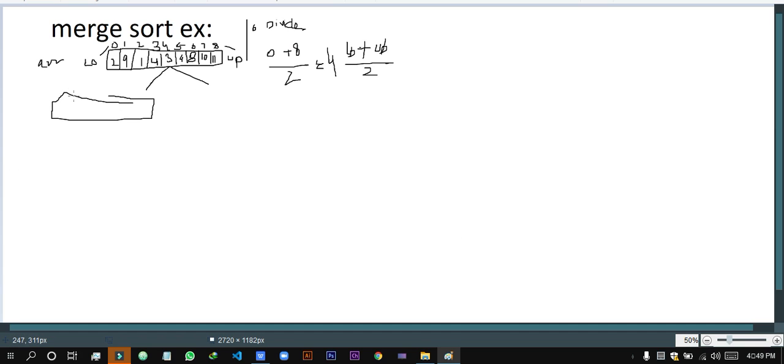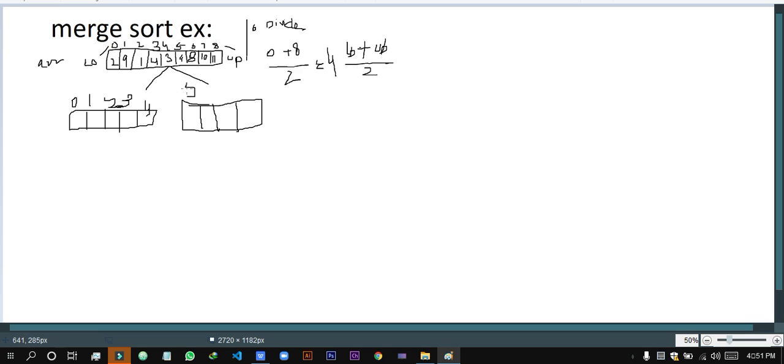The first part is 0 to 1, oh sorry. Okay, so 0 to 4 is our first sublist and 4 to 8 is the second sublist. 0, 1, 2, 3 and 4 is our first sublist, and the other one, 5, 6, 7 and 8, is our second sublist.